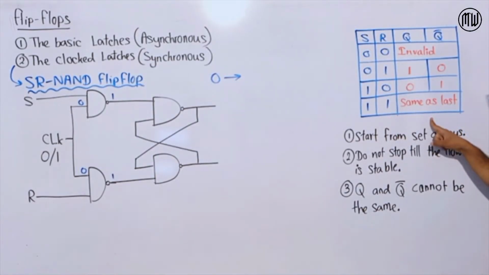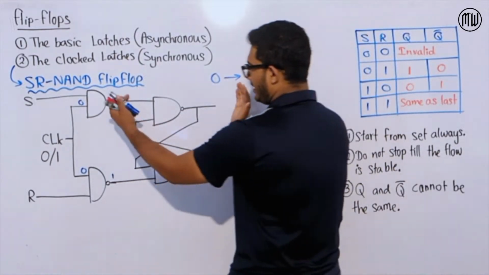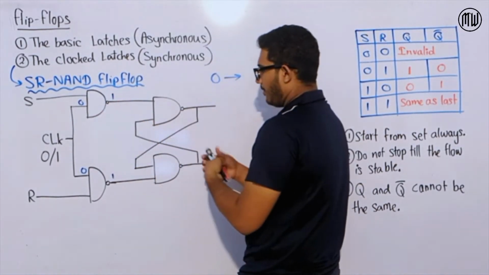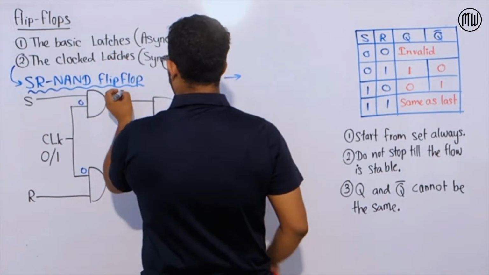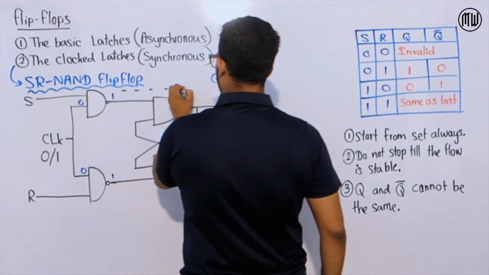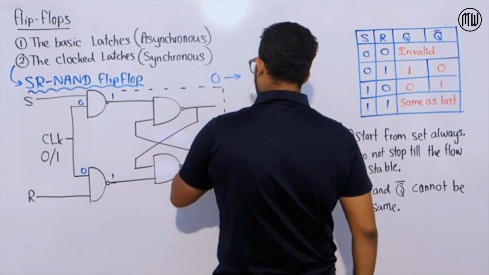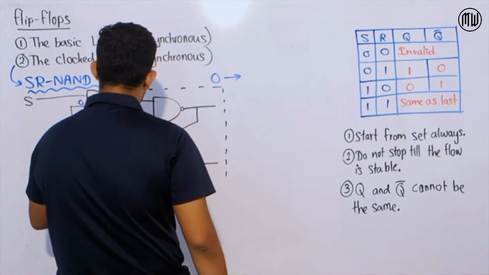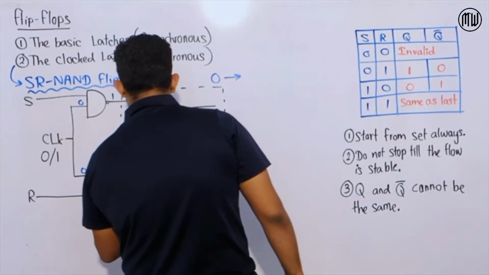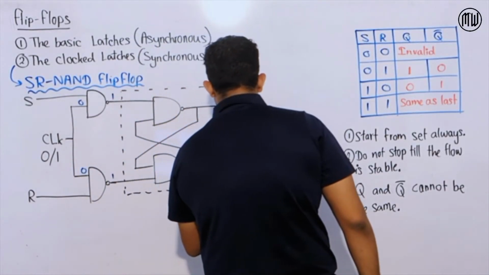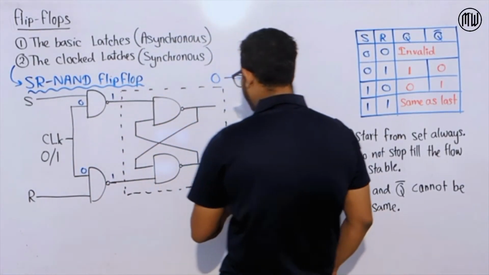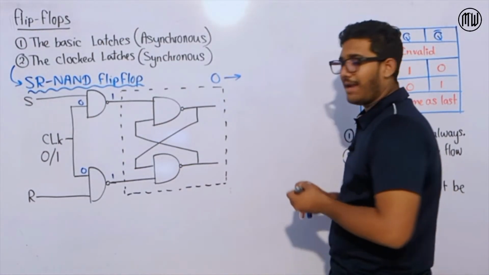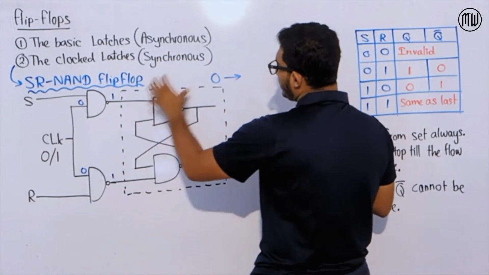Right? Now, this was the last part that we, I'm going to mark this part in dashed lines, because this was the part that we just finished learning. Now this squared part is the part we were talking about.